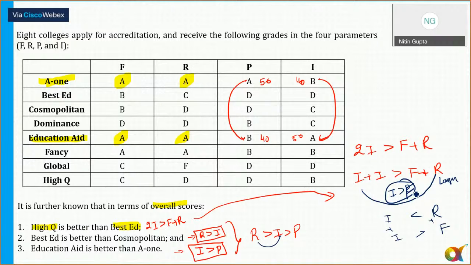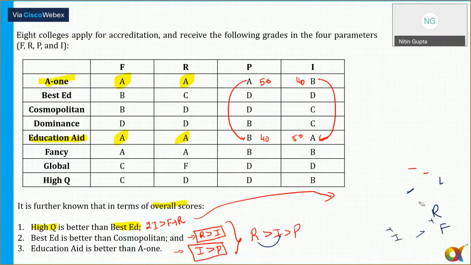So if I is greater than F, let me write down here that I is greater than F. I'm writing this down, that I is greater than F. So we know R is greater than I is greater than F, and F can be greater than P.